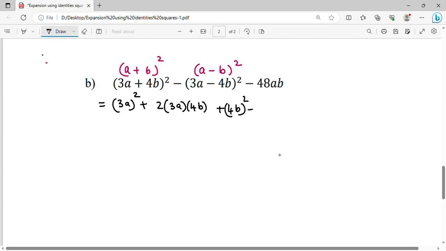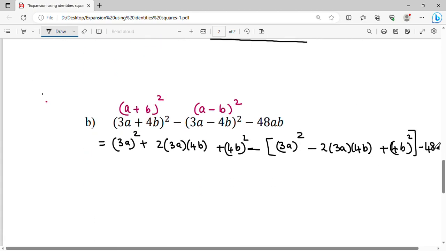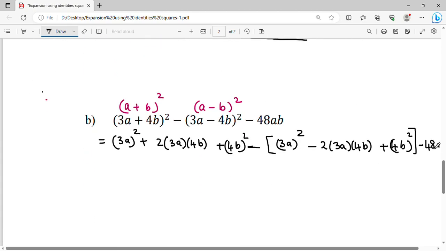It's a good practice that after minus you apply a bracket. Okay, so this becomes 3a the whole squared, which will be minus 2ab, so 2 times 3a into 4b, plus 4b the whole square, right? Close the bracket, minus 48ab, right? Minus 48ab.